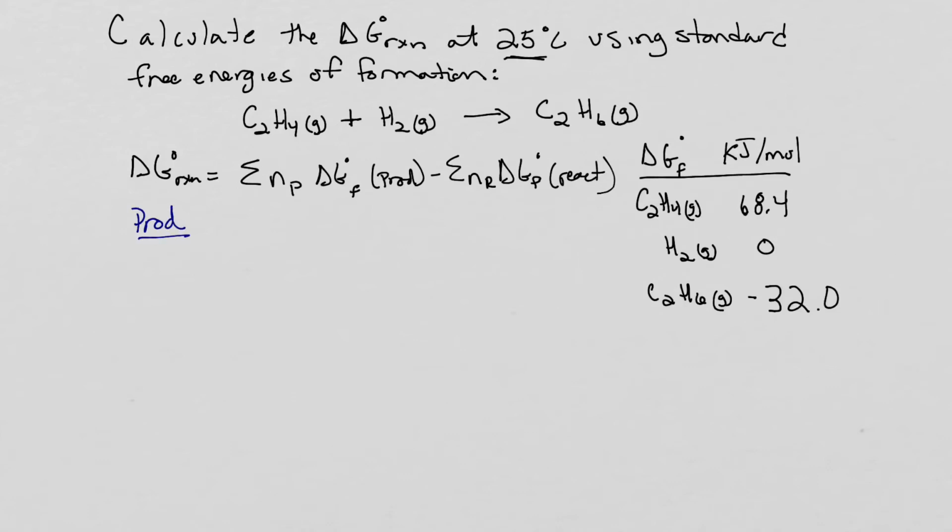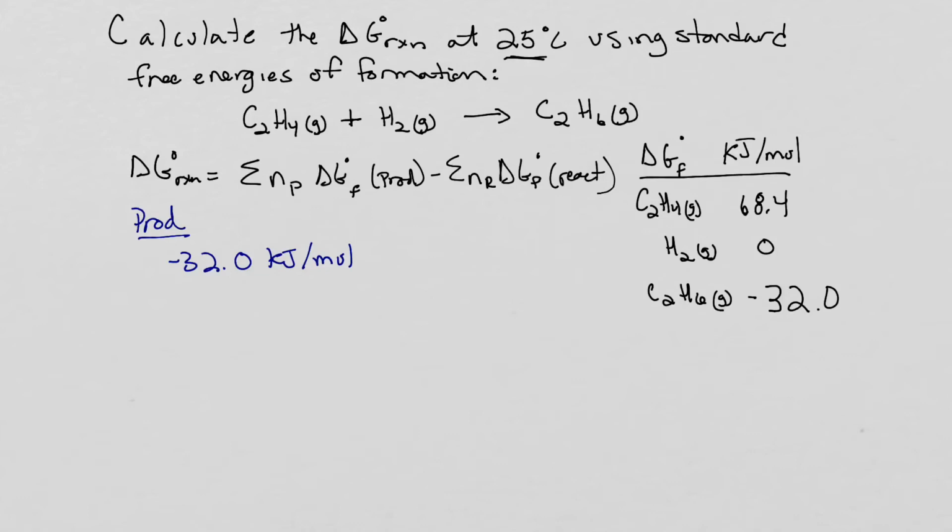We only have one product, and that's going to be the C2H6, and that has a value of minus 32.0 kilojoules per mole. We have a coefficient of 1, so that's all we need to worry about.